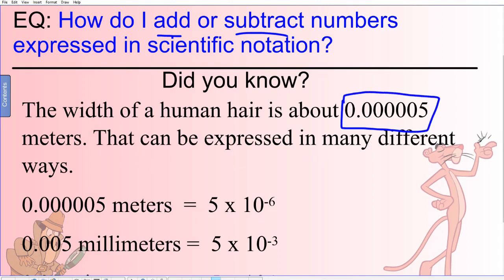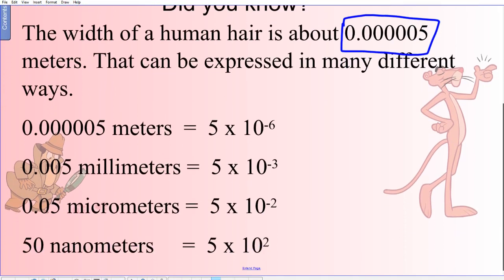That can be expressed in quite a few different ways. It'd be this many meters, this many millimeters, this many micrometers, this many nanometers. So your hair is 50 nanometers wide.